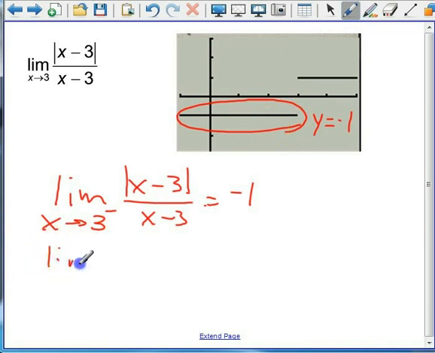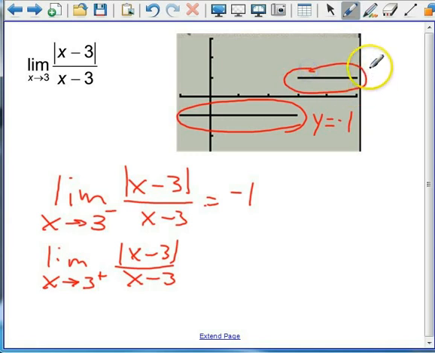Okay, what happens if I take the limit as x approaches 3 from the right, and I'll put a little plus sign to indicate that I'm coming from the right now? Well, as I get closer and closer to 3 from the right, hey, this looks like y equals positive 1.